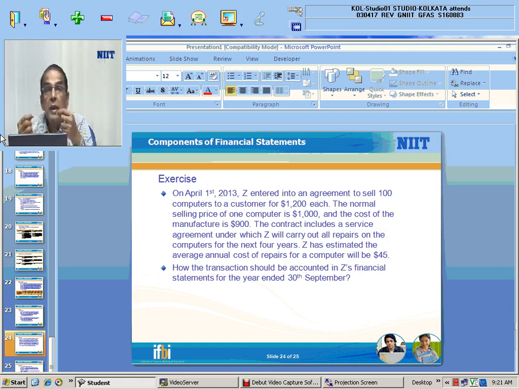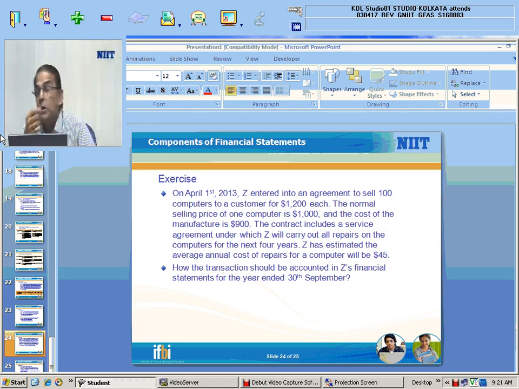The customer is paying $1,200 for each computer, because he is not only buying the computer but paying for the repair services which will be provided by the manufacturer over a period of 4 years. Normally the computer costs only $1,000, so why has the customer paid $1,200? Because it is also availing a service: Z, the manufacturer, will carry out all repairs on the computers for the next 4 years. That is the service part.